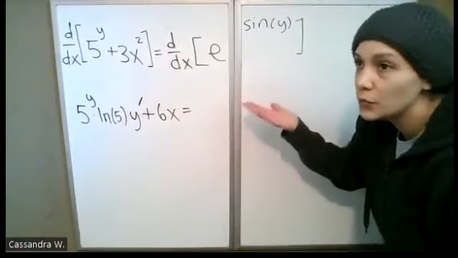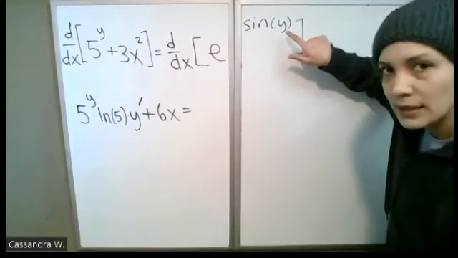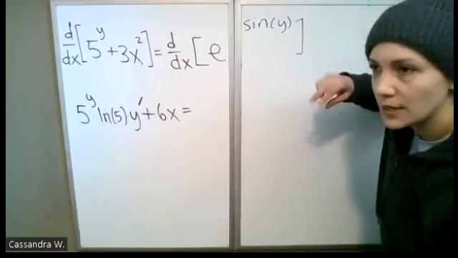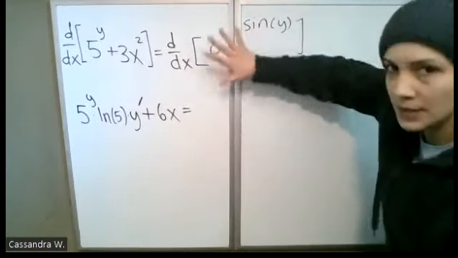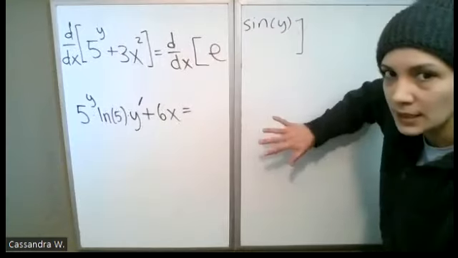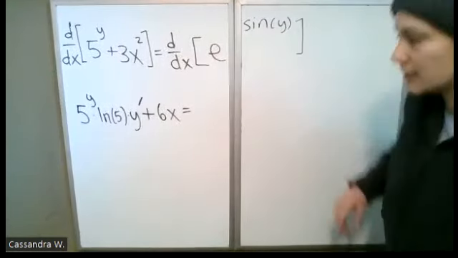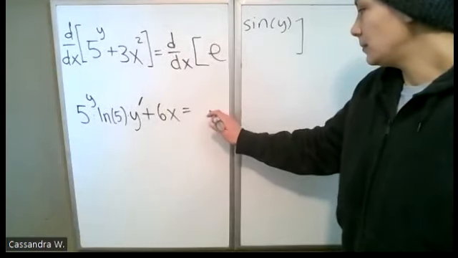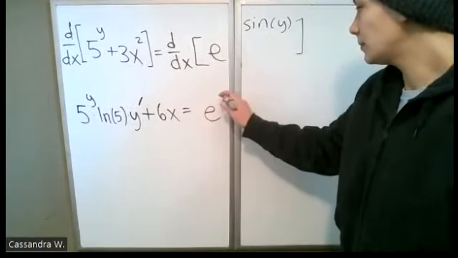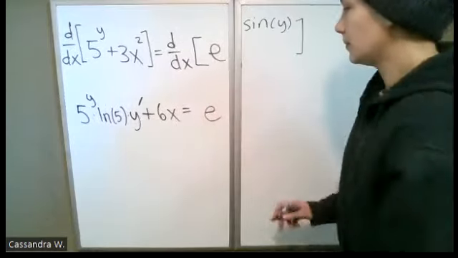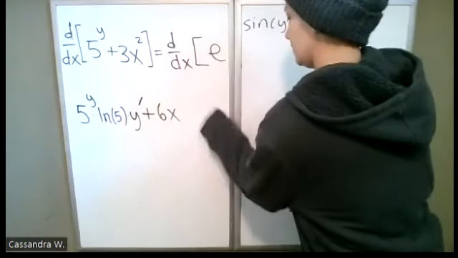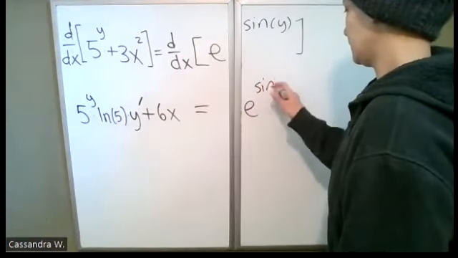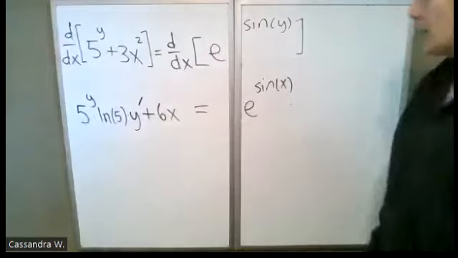Another chain rule, because way in there is that function y, which is f of x. So the derivative of the outer function would be e to its power, e to the sine of y.